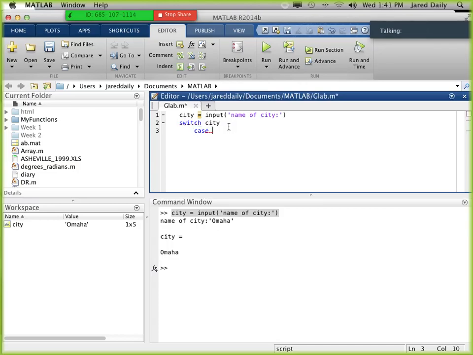In the case, quote, Boston. In other words, if the city is Boston, then I'm going to do something. In this case, I'm going to display clam chowder.